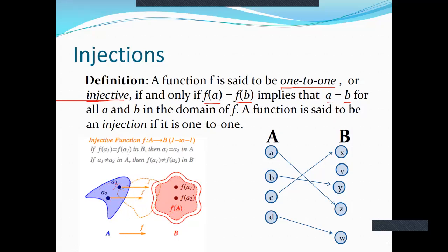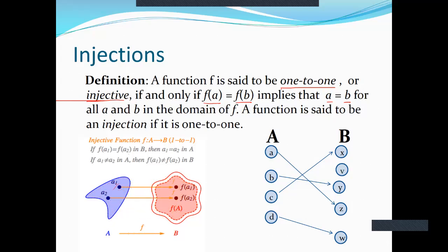So you can see V is an element in B, in the codomain, but it is not mapped by any element. It's okay, this is allowed. It may happen that some element may not have a pre-image in set A. Then this V is not part of the range.